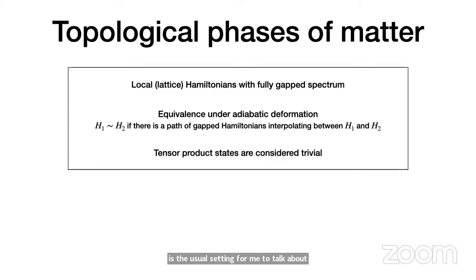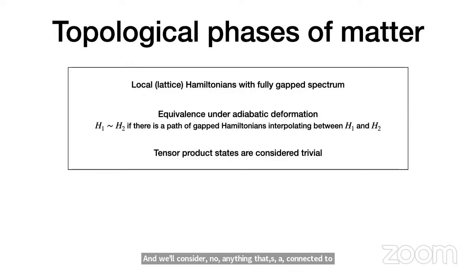We can define phases in terms of adiabatic equivalence between Hamiltonians, meaning two Hamiltonians are equivalent if we can find a gapped path to interpolate between them. And we'll consider anything that's adiabatically connected to a tensor product state as a trivial state.